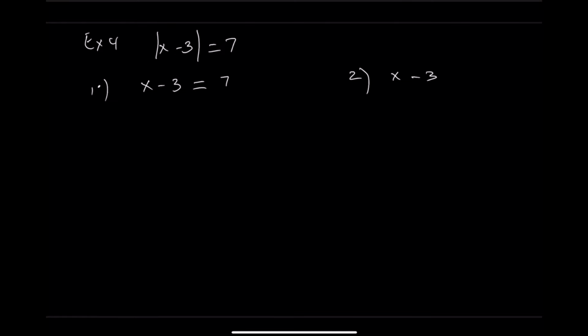Let's solve. The absolute value of x minus 3 equals 7. Step 1. Write 2 equations. First, x minus 3 equals 7. Second, x minus 3 equals -7. Now solve both. For the first one, add 3 to both sides.